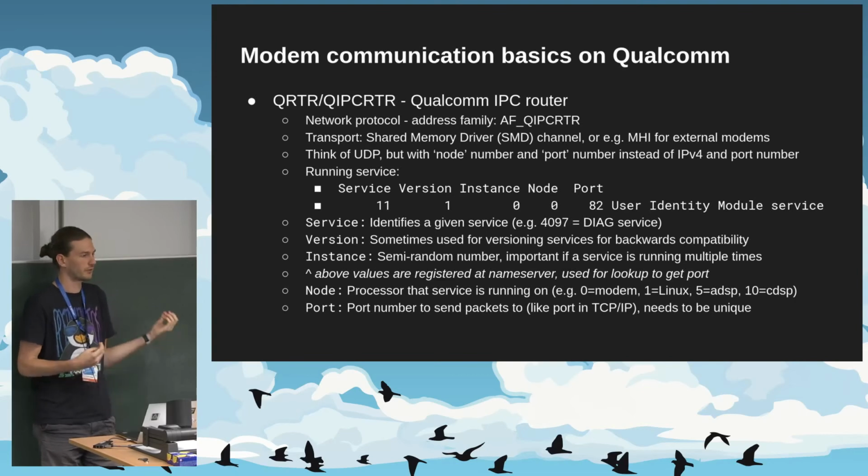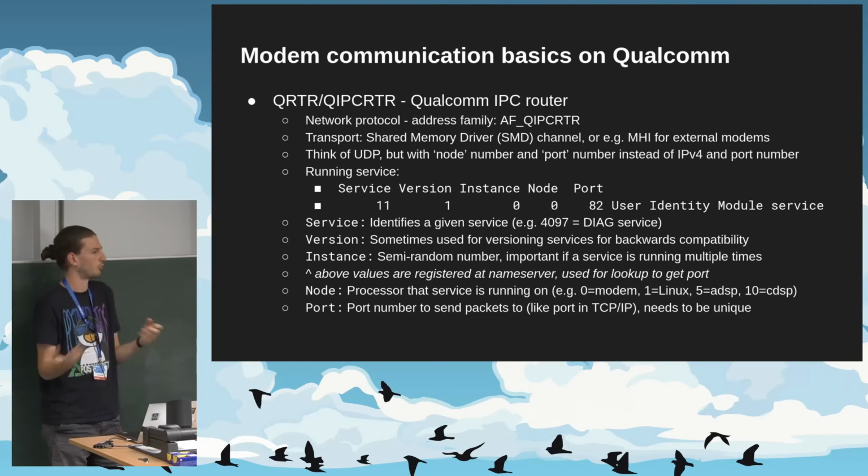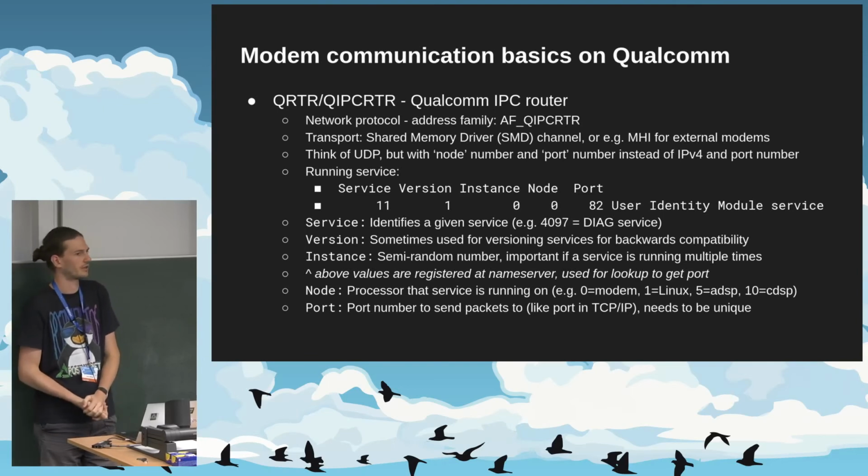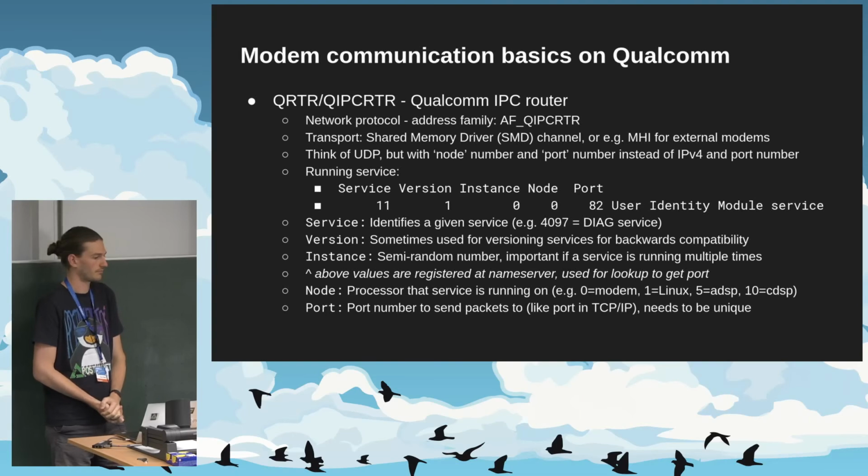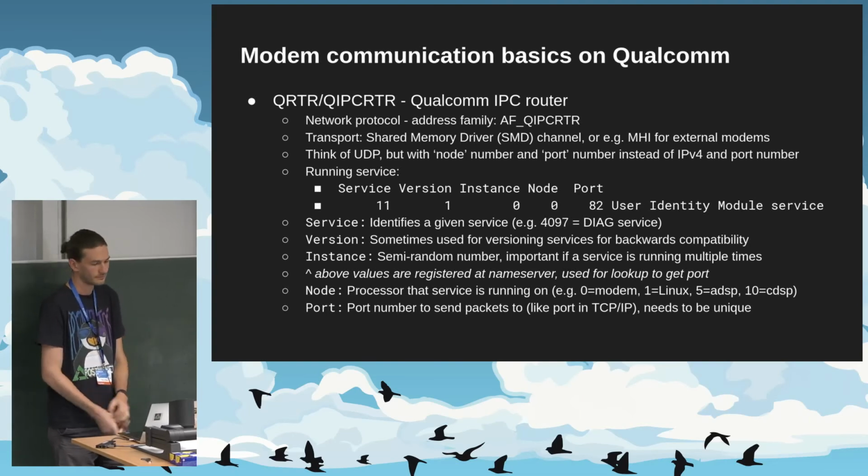Once you have this information, you can open your socket to the given node, so let's say compared to the IPv4 address, and the port, which is basically a port number here. So the combination of node and port is unique in a running system. But I think they are allocated at runtime, so they're not fixed port numbers over time.